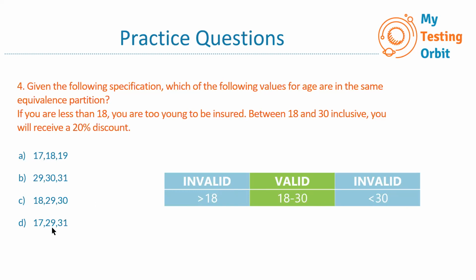They have tricked us with this option. If we had to say which is the correct equivalence partition, then this would be the correct answer. But over here, they are asking which of the following values are in the same equivalence partition. So we are talking about only one group in which all values fall. It's very, very important that we go through the questions at least twice to understand what it's asking us.